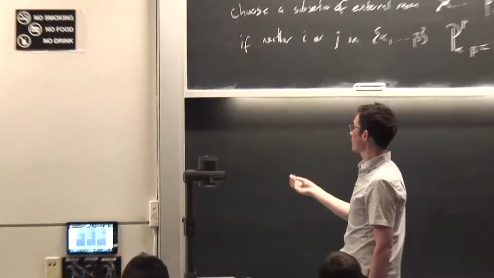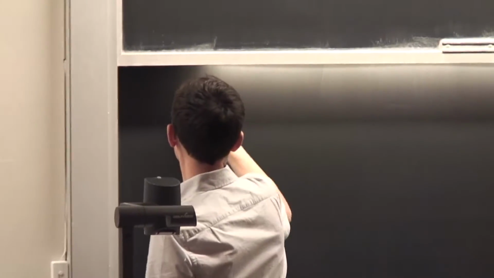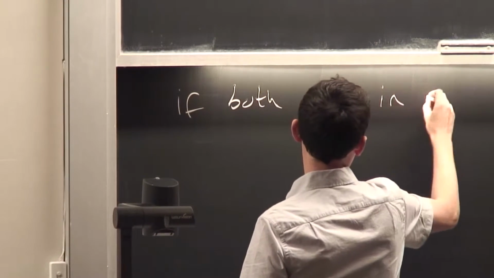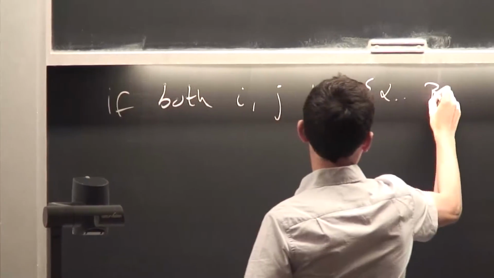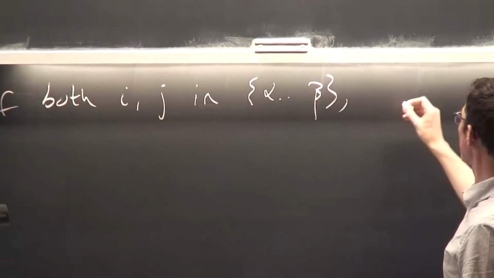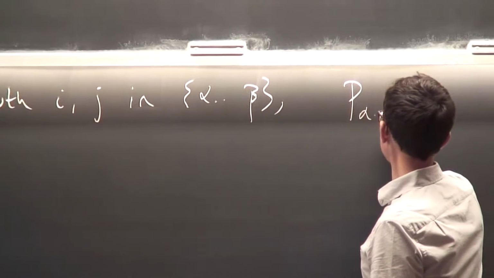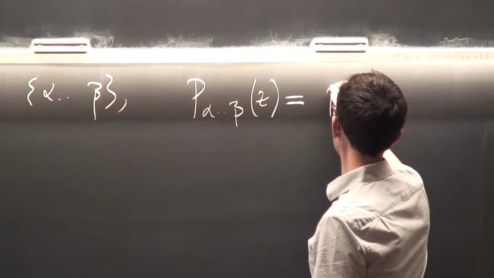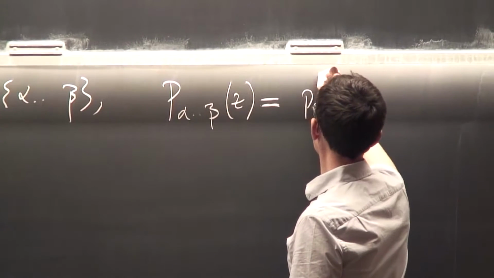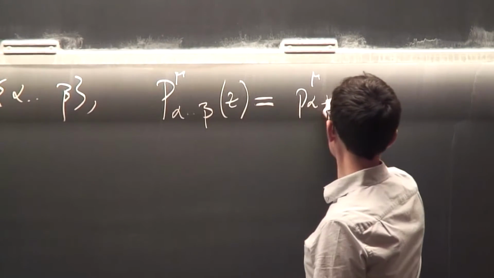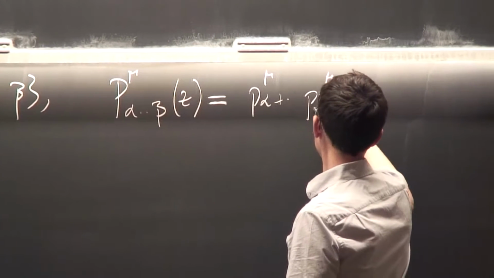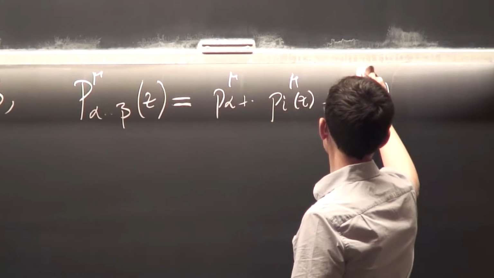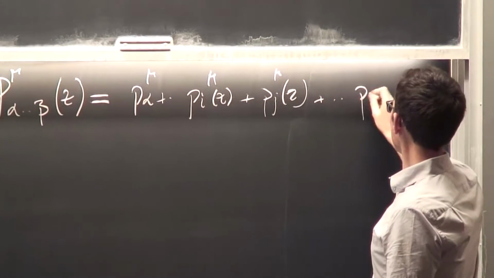Now, if I had both, then I still don't have any poles, because P alpha beta as a function of Z is just P alpha plus somewhere there's Pi as a function of Z, somewhere else there's Pj as a function of Z, and then it ends with P beta.